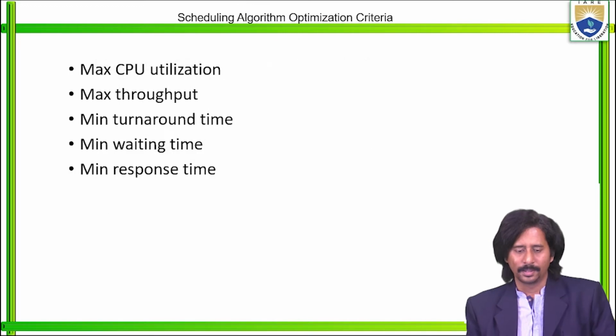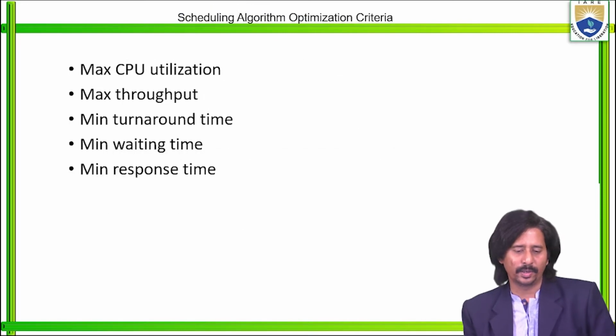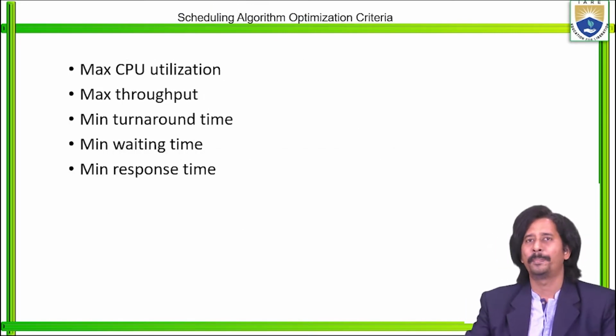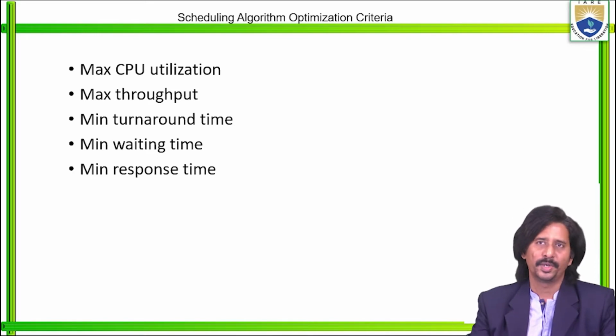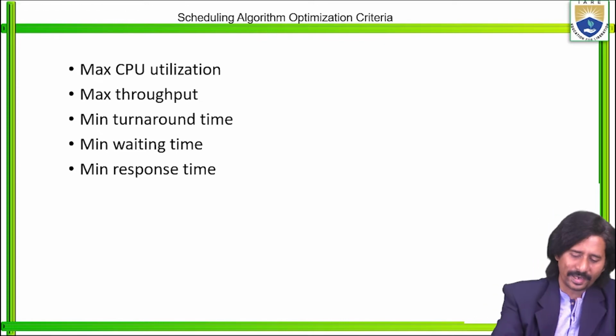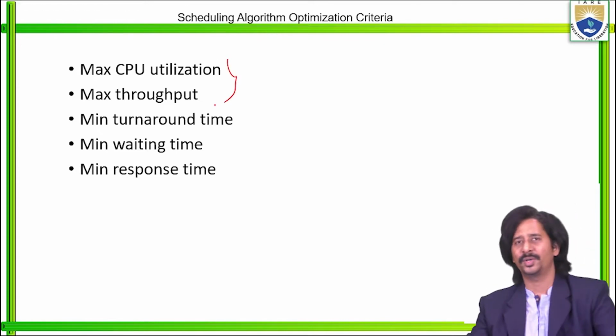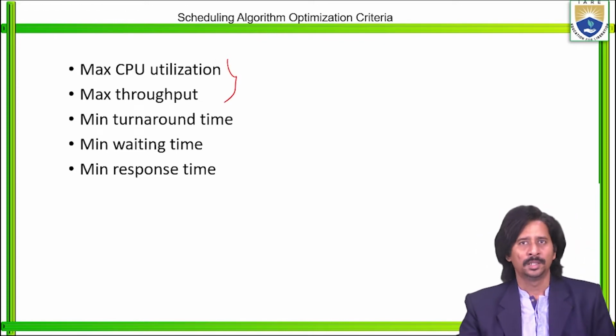Then coming to the scheduling algorithm optimization criteria. Here we have maximize the processor utilization and maximize the throughput.